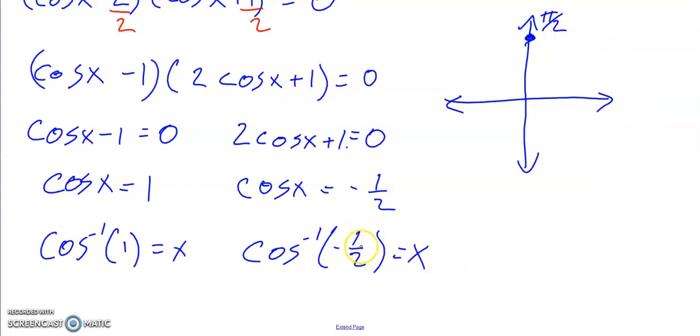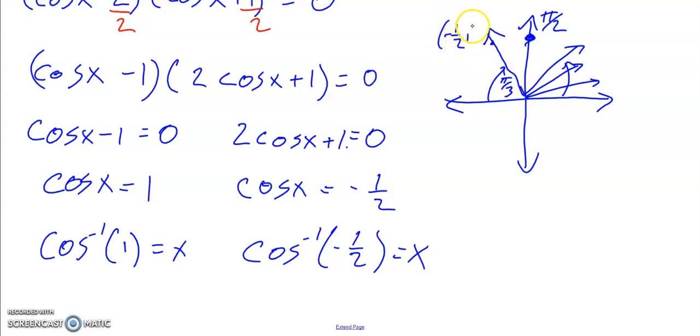Now, where is my cosine negative 1/2? It's the third line up, because we're going to go boom, boom. We're looking at this reference angle right here all the way to the third one, and that is a reference angle of pi over 3, and it happens at the point negative 1/2.